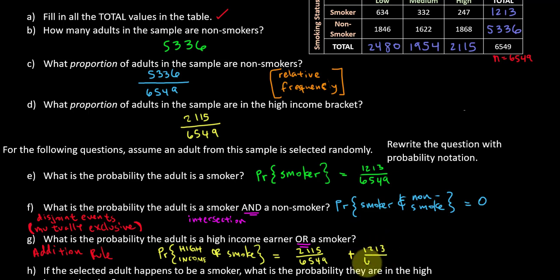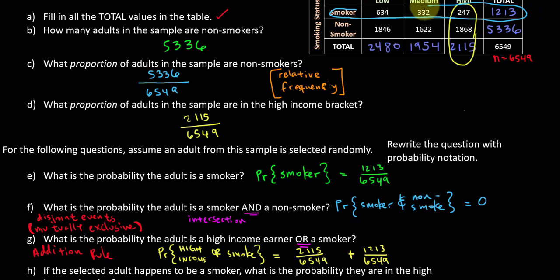out of the 6549. So we've got the individual probabilities gobbled up, but notice we have a double count, right? We counted up all the high income individuals, and we also counted up all the smokers.